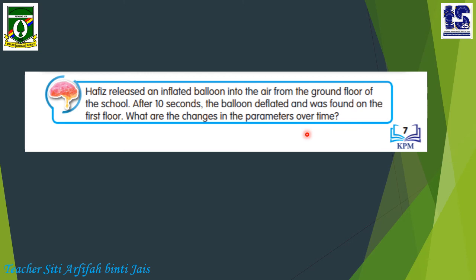How can we state the relationship between the changes in parameter over the time? What is the object? The object is the balloon. What is the parameter observed? Yes, the parameters involved are shape and also the position or location. As the time increases, the size of the balloon decreases.